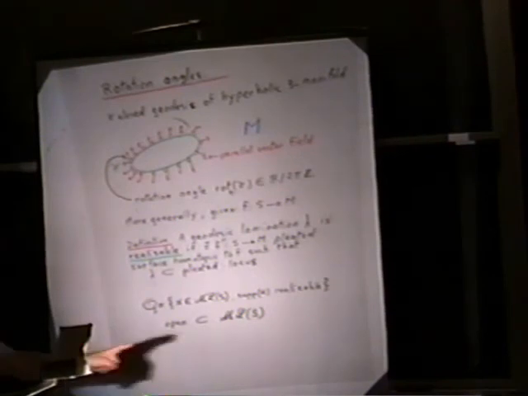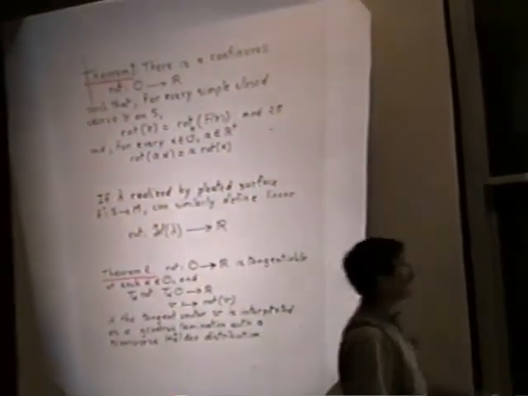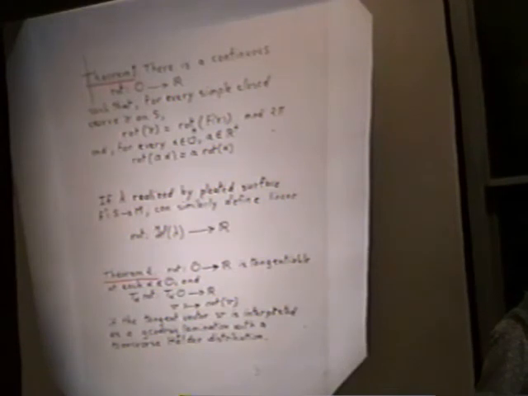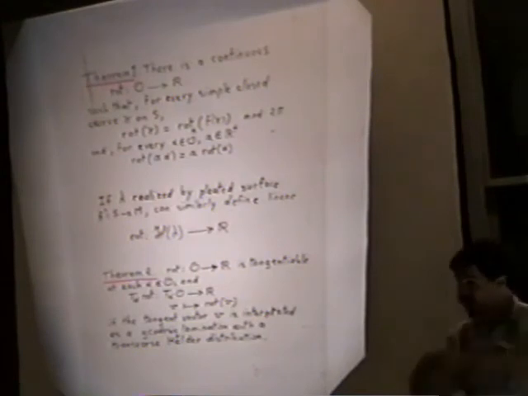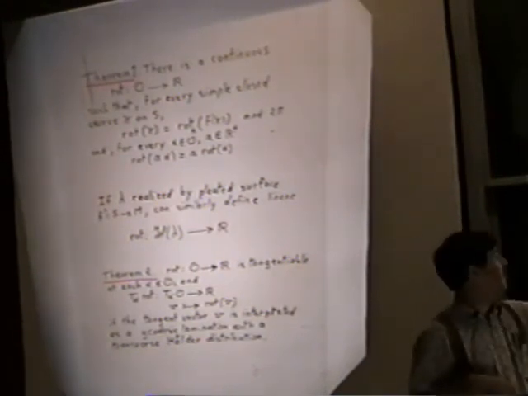In Thurston's analysis of hyperbolic manifolds, it's a key ingredient. And you can show it's open in the space of all measured laminations. And there is a theorem which says that there is a continuous extension of this idea of rotation number for closed geodesics in M. First of all, a closed curve on S gives you a closed curve in M, and a closed curve in M gives you a closed geodesic in M, and gives you a rotation number.